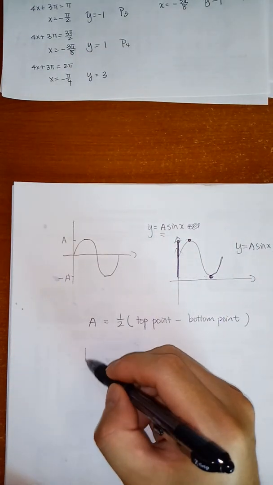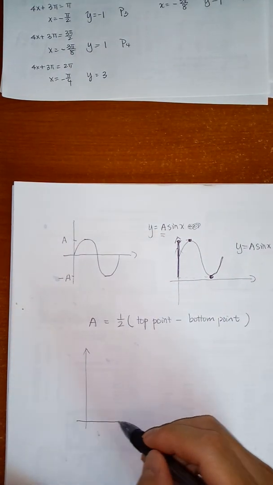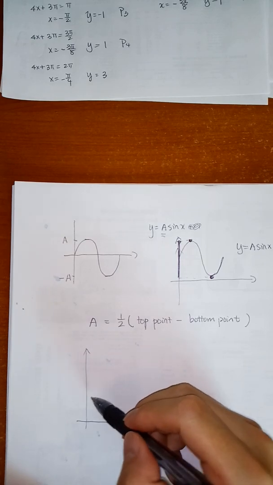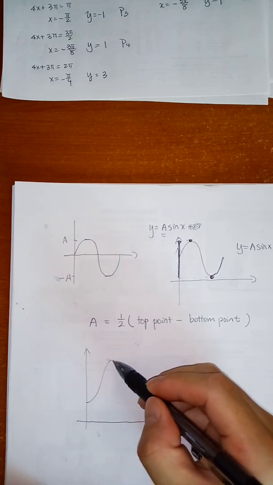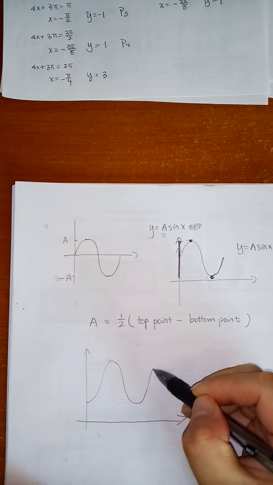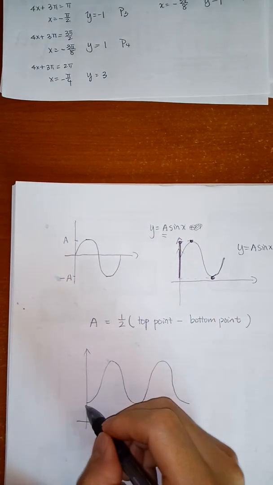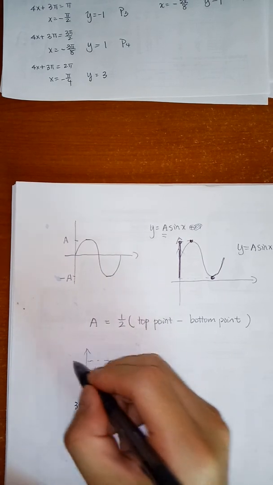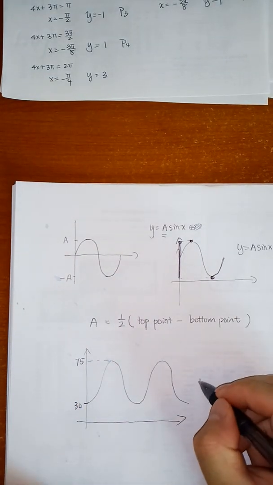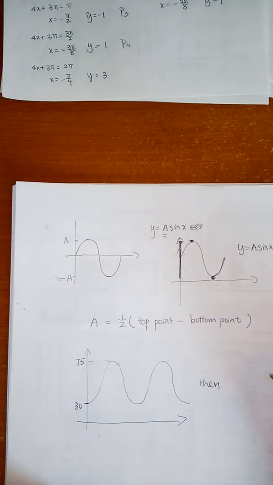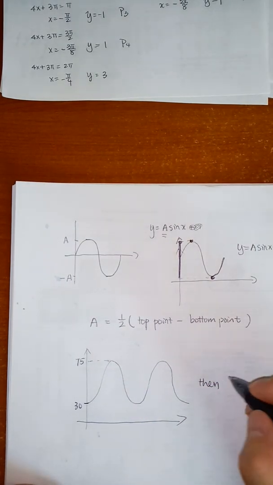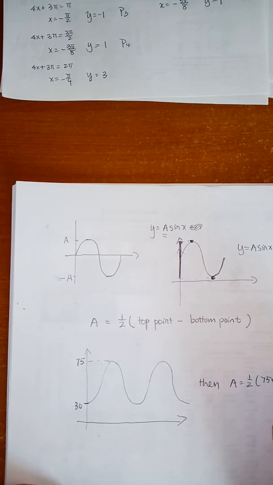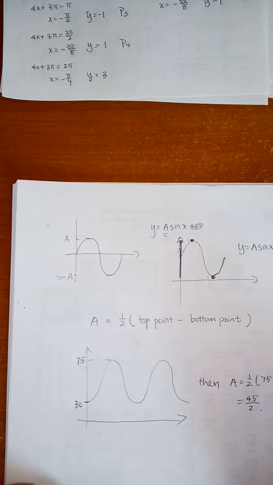So for example, if we see that the graph is like this, and in the system it says this part is 30, this part is 75, and we assume this is a trig function, a sine function or cosine function, then A is 1/2 of 75 minus 30, which is 45/2.